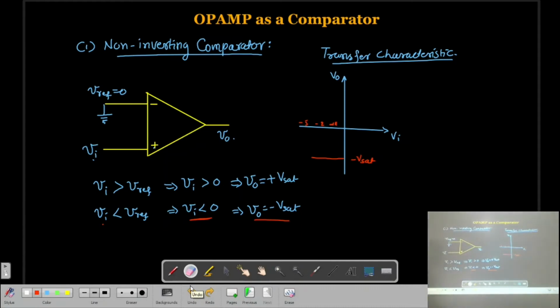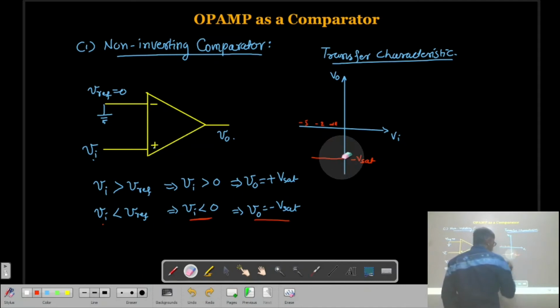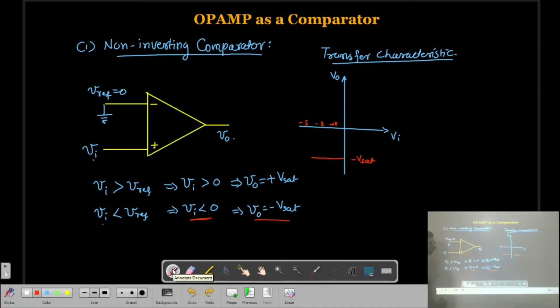Minus V saturation. Now, when this input voltage is equal to zero, in that case the output will also be 0.